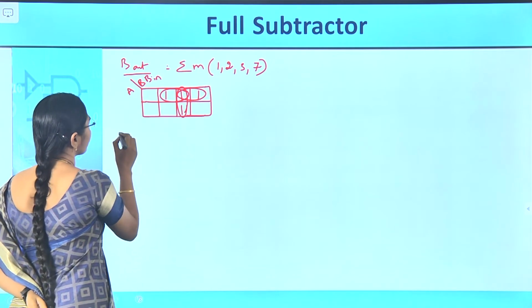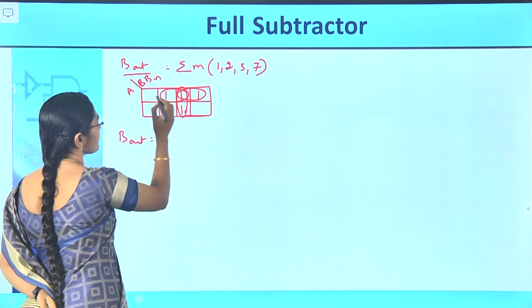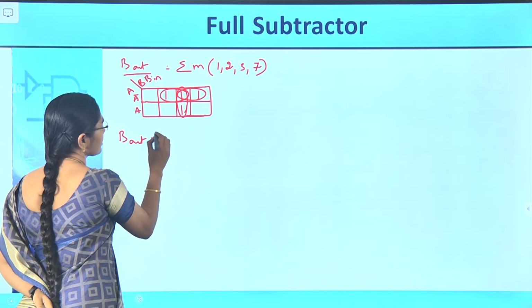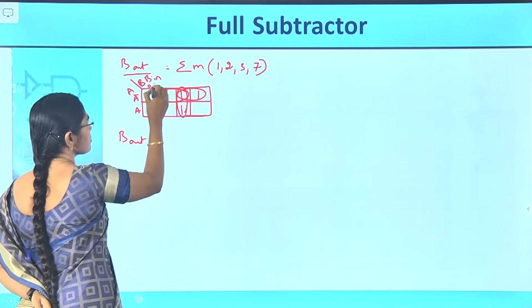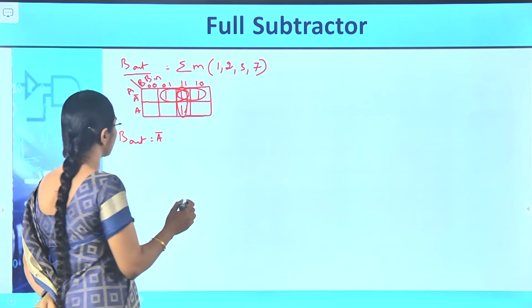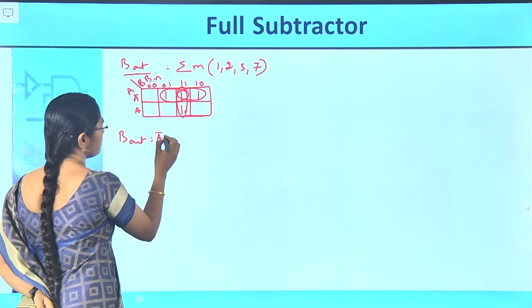So therefore from that, write the expression B out is equal to, what is the first pair? This pair. First pair is equal to A bar. Okay, the terms 0 0, 0 1, 1 1 and 1 0. So the equivalents are nothing but A bar, and in these two the common is B in.